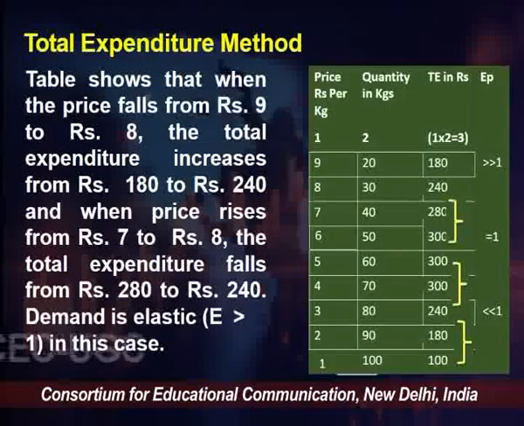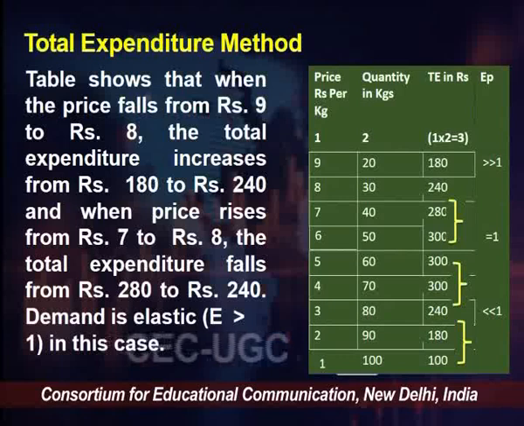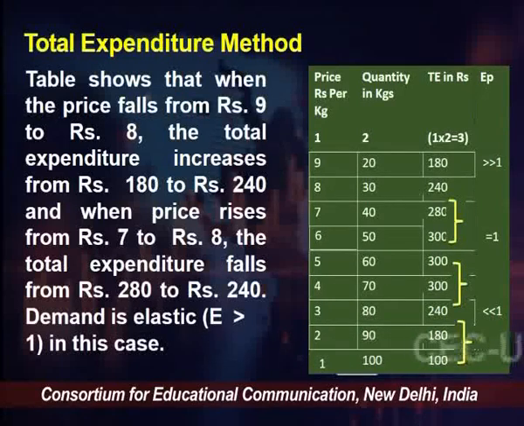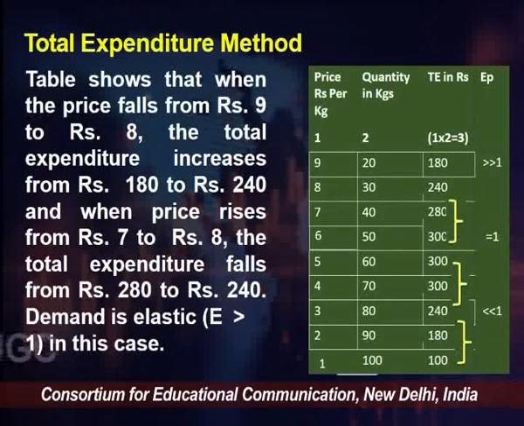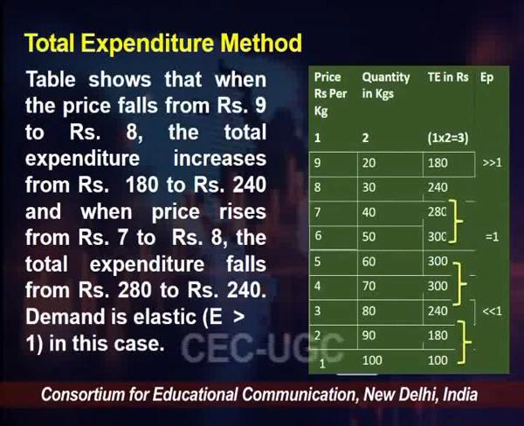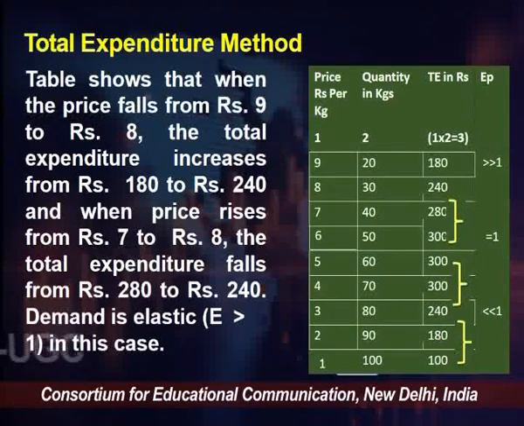Now, the total expenditure method you can see with the help of this table also. When the price falls from rupees 9 to rupees 8, the total expenditure increases in the first case from 180 rupees to 240, and when price rises from 7 to rupees 8, the total expenditure falls from 280 to 240. So, demand is elastic here.